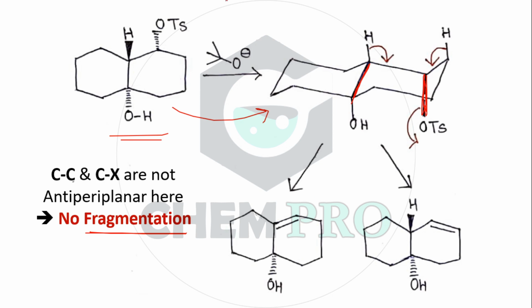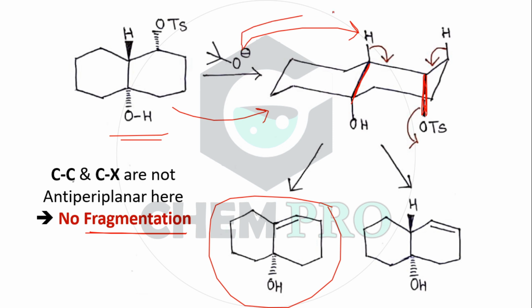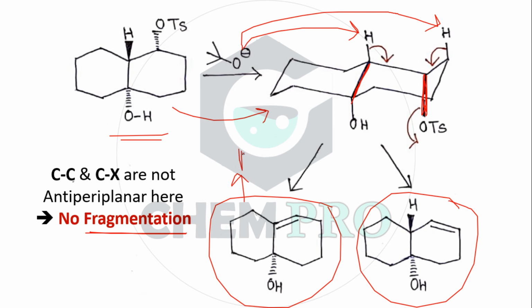The base will take up this hydrogen and make a product like this, and if the base takes up this other hydrogen, it will give this product. Between these two products, this is the major product because it has more substitution.